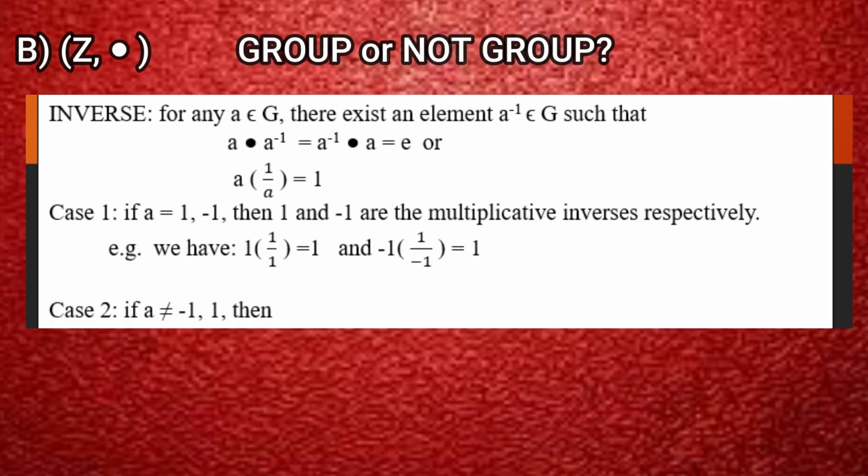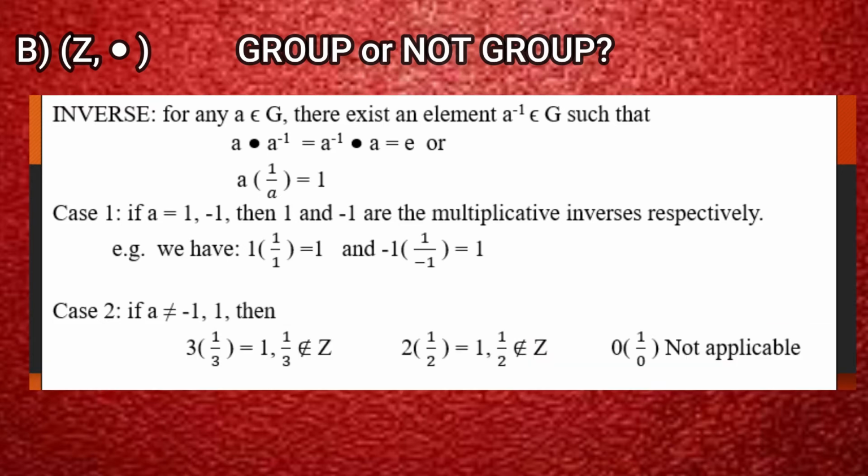However, in case 2, if A is not equal to negative 1 and 1, let's say for example that A is equal to 3, then A multiplied by 1 over 3 is equal to 1. But the problem here is 1/3 is not an integer.